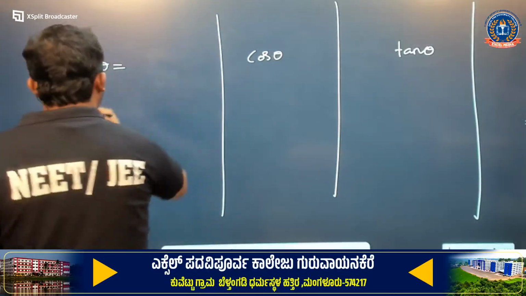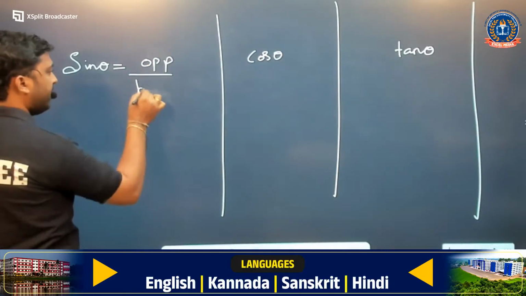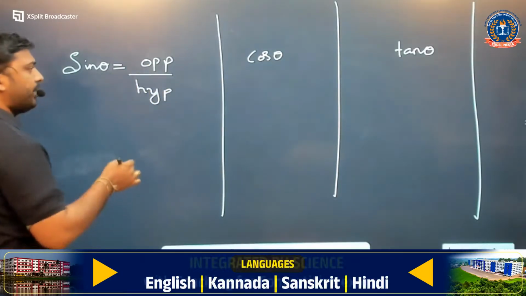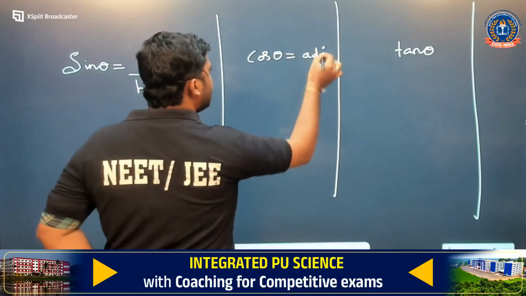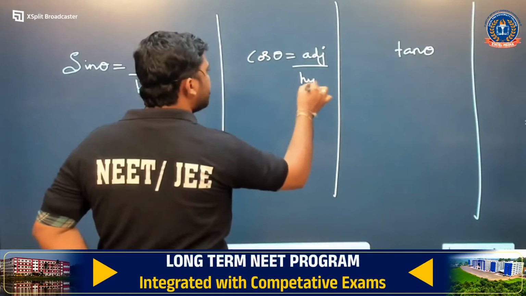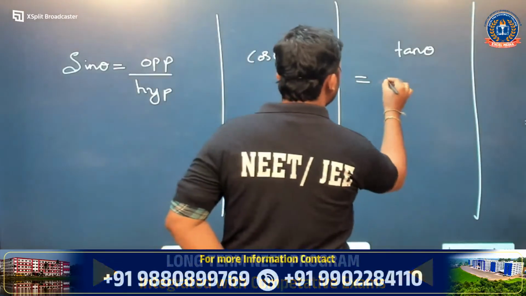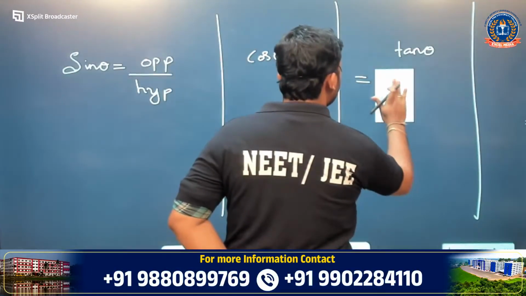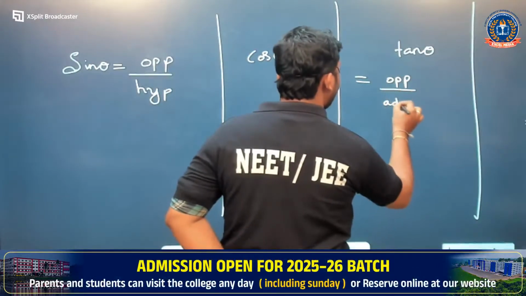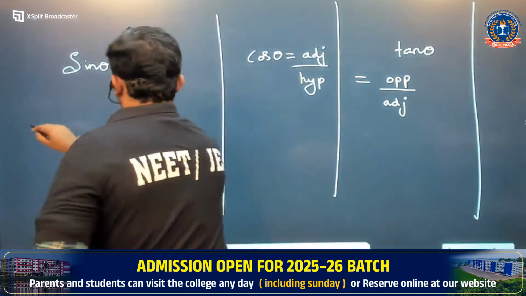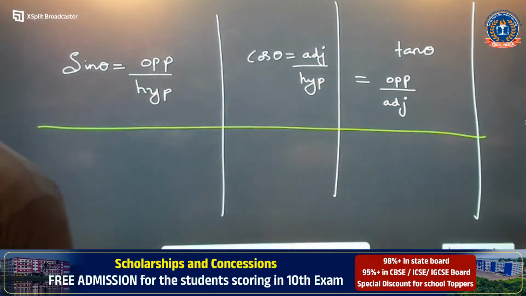Sin theta is nothing but opposite side by hypotenuse. What about cos theta? Adjacent side by hypotenuse. And what is tan theta? Tan theta is opposite side by adjacent side, right? You know all the definitions, right?